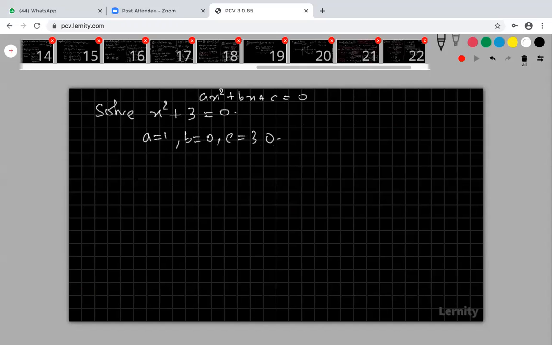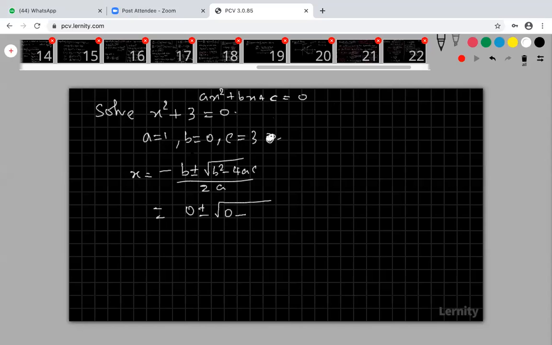So my general form of the solution is minus b plus or minus root of b square minus 4ac divided by 2a. Therefore minus b is 0, plus or minus root of b square 0 minus 4ac.